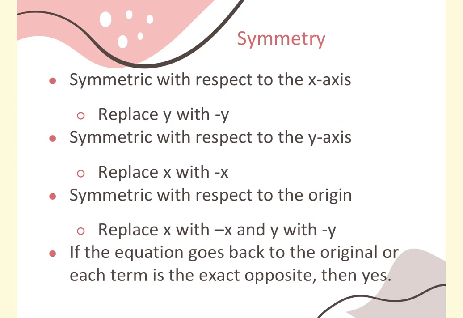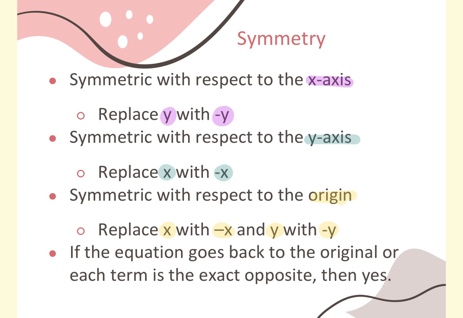All right, and then comes symmetry. So if a graph is symmetric with respect to the x-axis, then to test for it algebraically, I replace y with negative y. So you replace the other variable. If I'm testing to see if it's symmetric with respect to the y-axis, then I replace x with negative x. And the test for origin is both x with negative x and y with negative y.